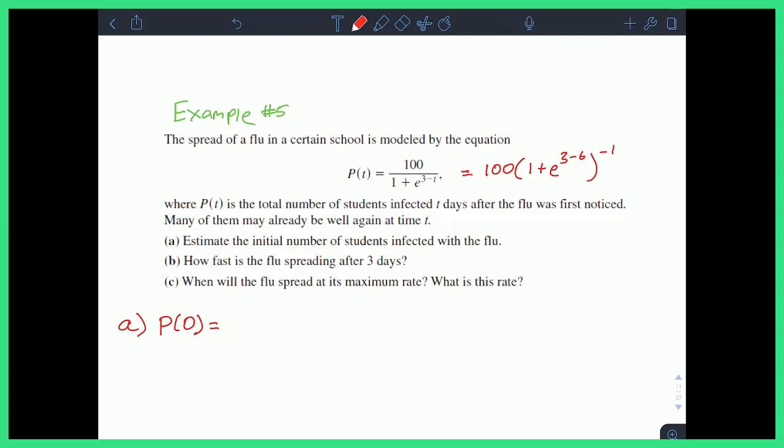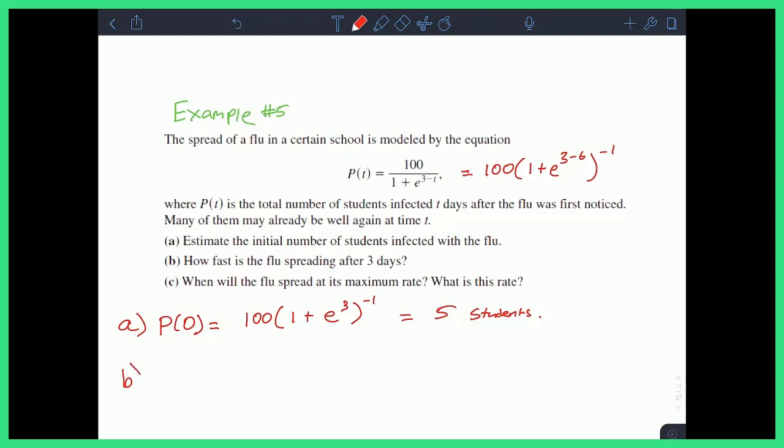All I have to do in this problem is plug a 0 into the value of t. So this is going to be 100 times (1 plus e to the third power) raised to the negative first power, and then this is going to be equal to, I think, 5 students. You can use a calculator for e to the third.